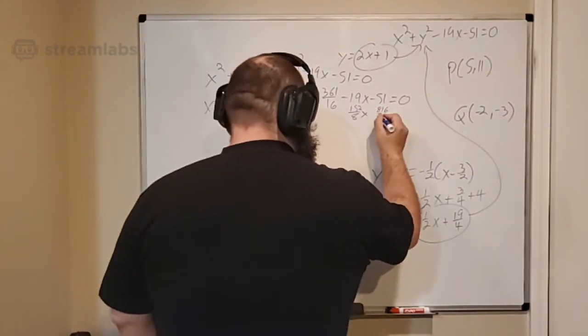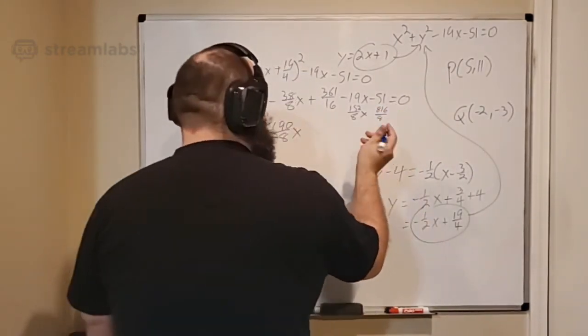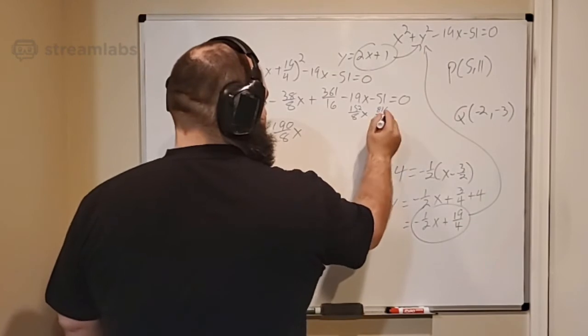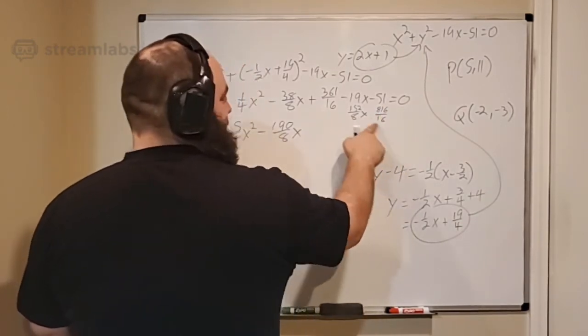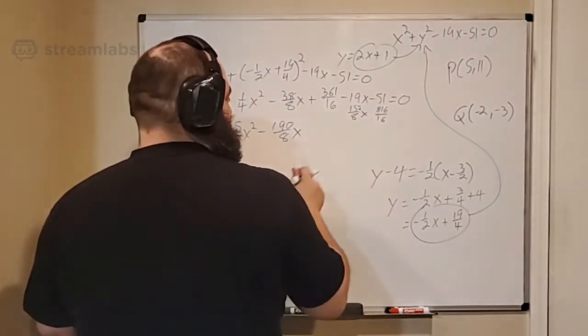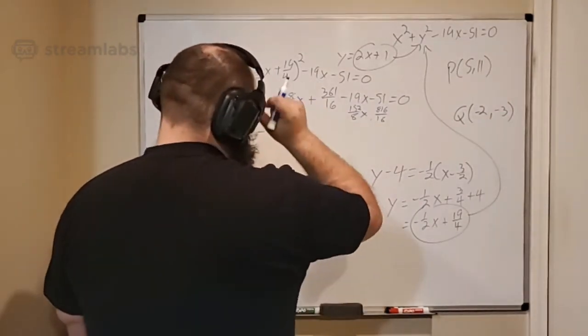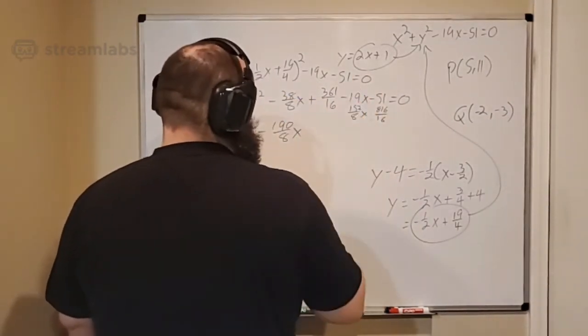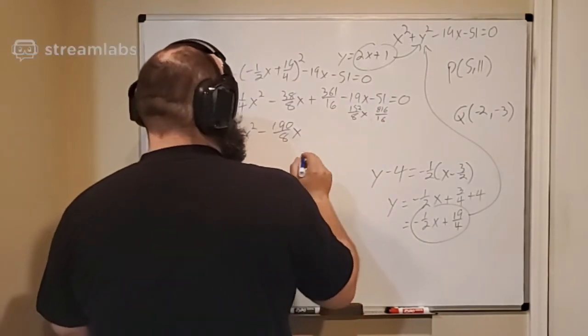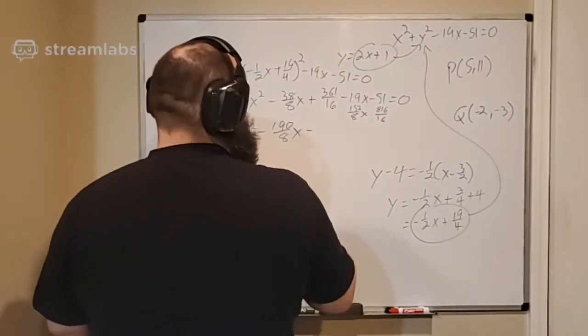Why are you multiplying them? To get them to common denominator so I can add these two fractions. Okay. 816 minus 361, because I'm not even venturing to do that in my head. 455.